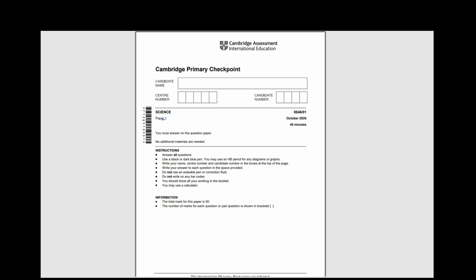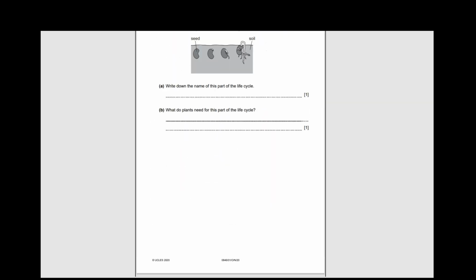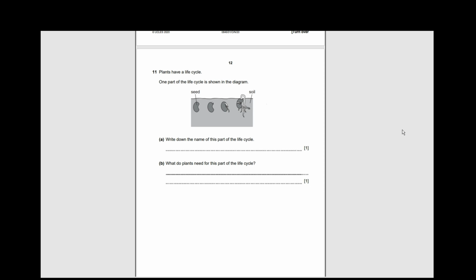Let's move on to the next question. Question number 11. Plants have a life cycle. One part of the life cycle is shown in the diagram. Here we can see the plant growing from the seed itself.